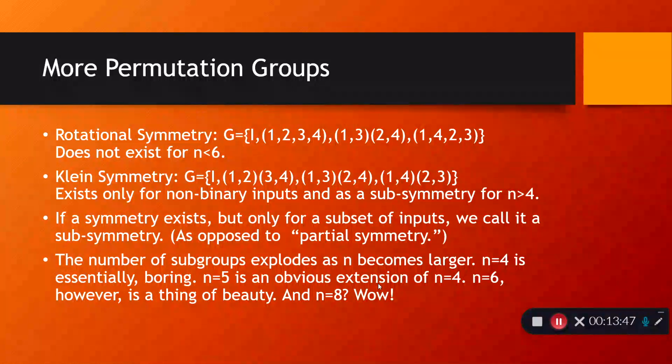A word to the wise: if you're doing something where you want to redefine an existing term, don't, make up a new term for it, because for some reason people really don't want to have their terms redefined. I learned that not as quickly as I should have, but fairly quickly. And so we call it subsymmetry rather than extended partial symmetry, like I wanted to in the first place.